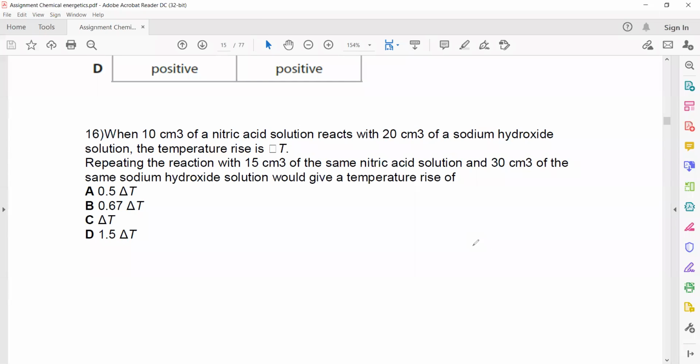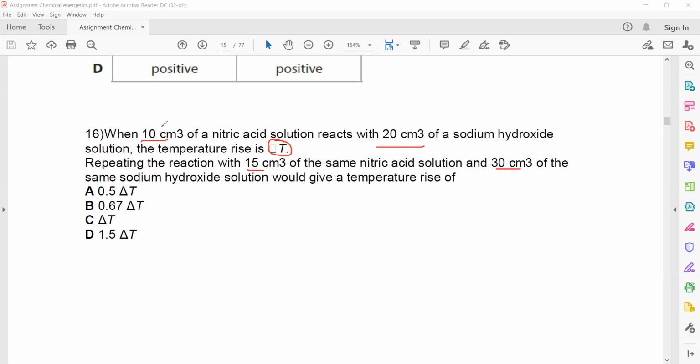When 10 cm cube of nitric acid reacts with 20 cm cube of sodium hydroxide, the temperature change is delta T. Now repeating with 50 cm cube with 30 cm cube, what would be the change in the temperature?